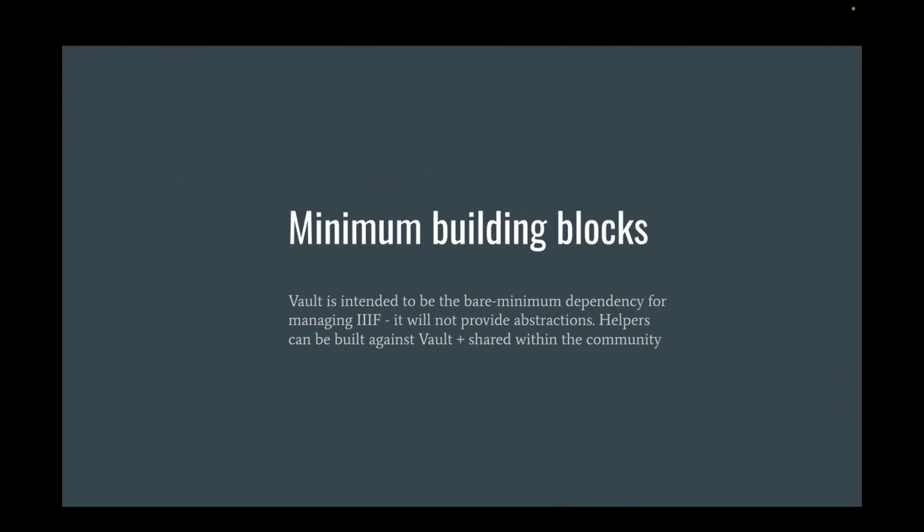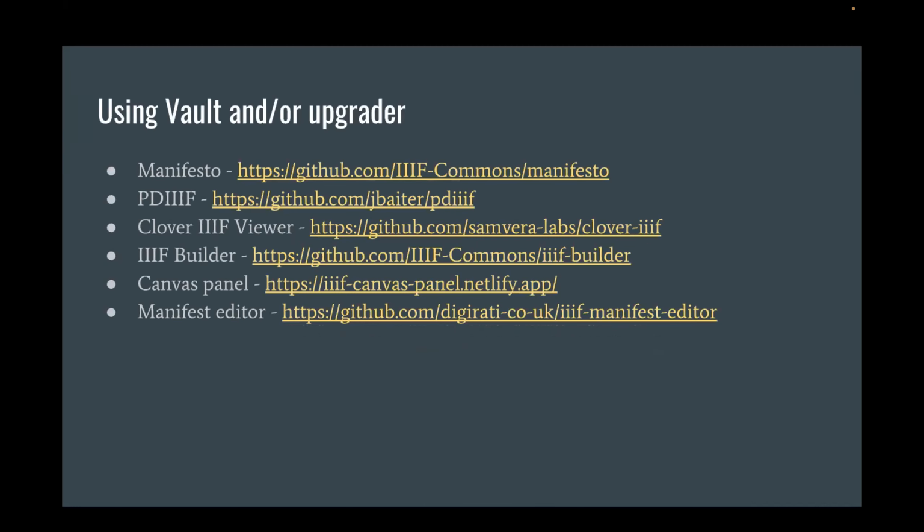And this is, I think, the focus for having this in IIIF Commons: we can work together as a community to build new helpers and abstractions whose only dependency is the short list of APIs of Vault, which really won't change all that often. But the helpers that I'm going to show will change often.